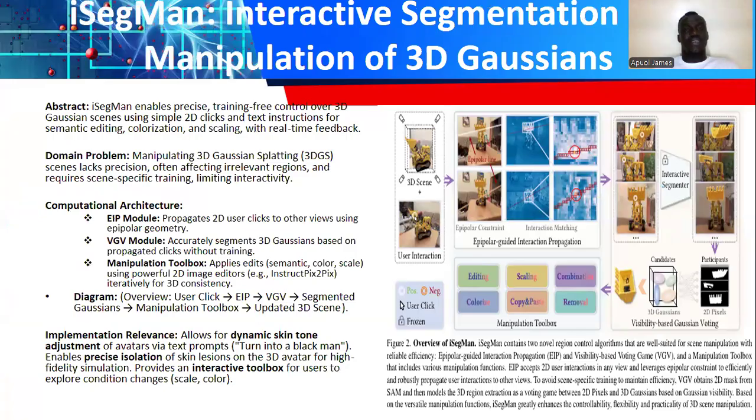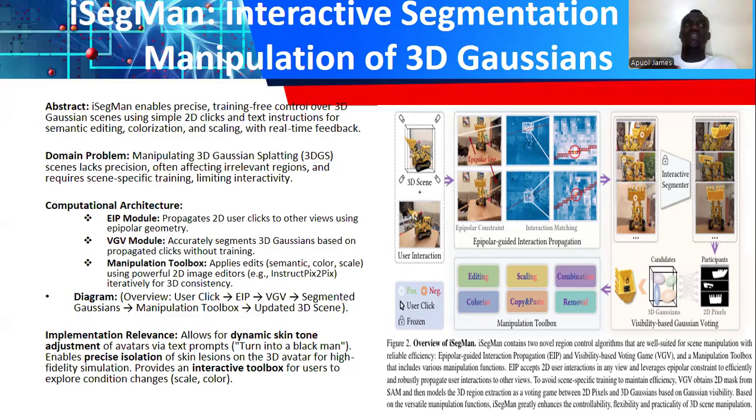And when we go to ISEC, now this is the interactive segmentation and manipulation of 3D, whereby we can manipulate 3D to change, because we are talking of skin bias here, how to create the 3D with dark skin, okay? So this is why I came in here this week, whereby we can change our 3D to a dark skin part.